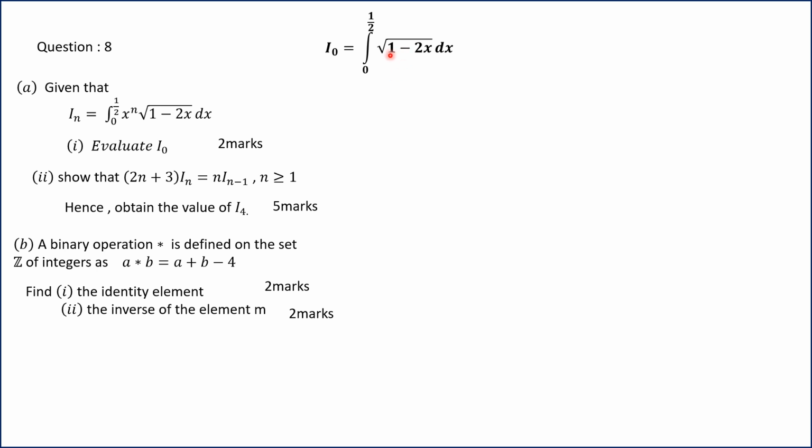Now if you see that when we differentiate the inside function of this radical, you get negative 2. Since I have a 1 outside here, it makes the job easier for me.